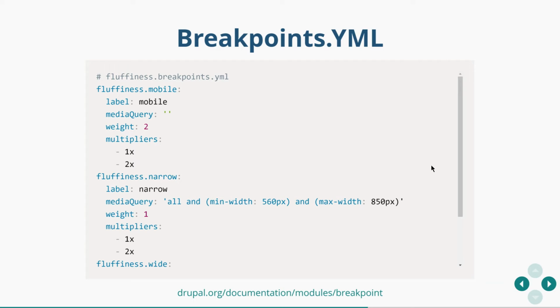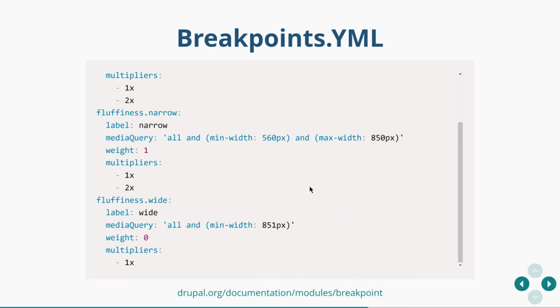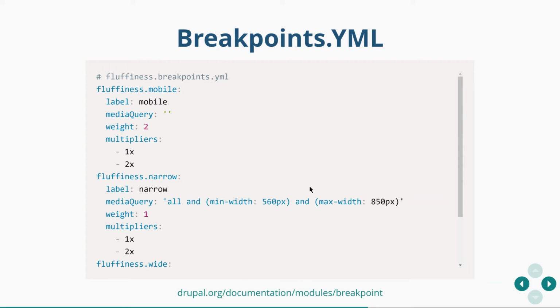And here's a real media query. The media queries are just CSS, nothing new and different and scary. So pretty awesome stuff. And then you can actually scroll down and there's a real example, and this is from Drupal.org, so you can go read more about that if you want.